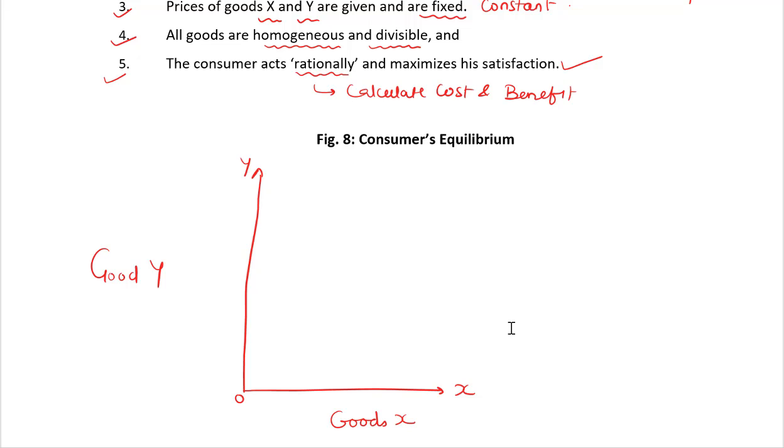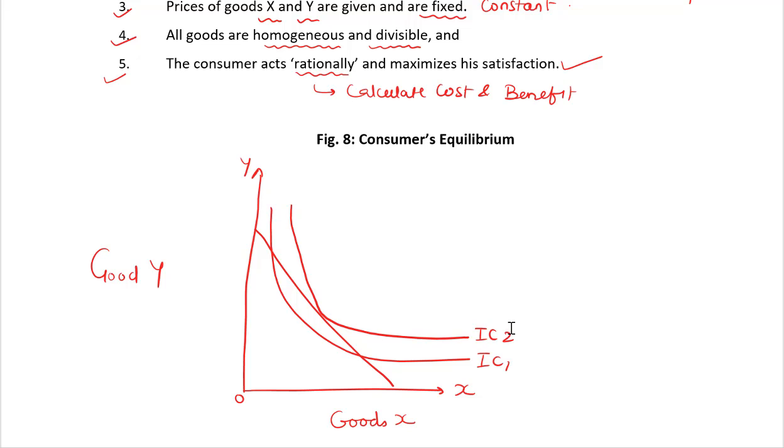Now this is our budget line, and we'll try to show the various IC curves: IC1, IC2, IC3, IC4.